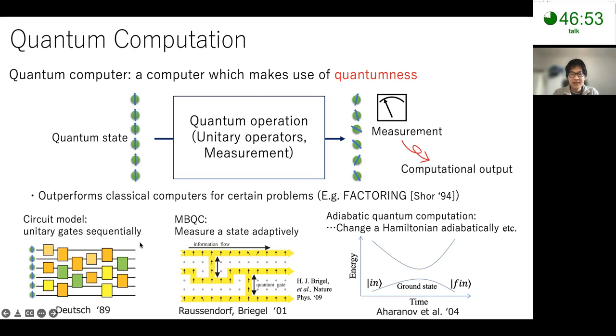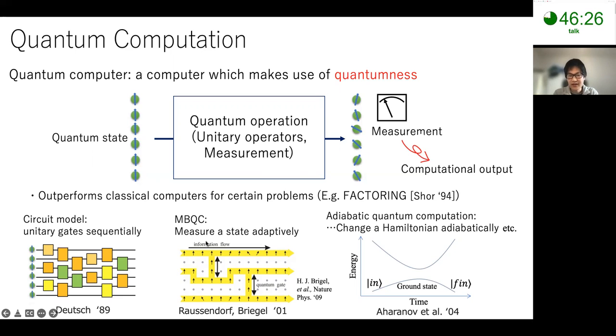And there are several quantum computational models which are equivalent to each other. So I want to briefly explain. The first one is the circuit model, where we prepare a quantum state and we apply unitary gates on single qubits or 2 qubits sequentially.